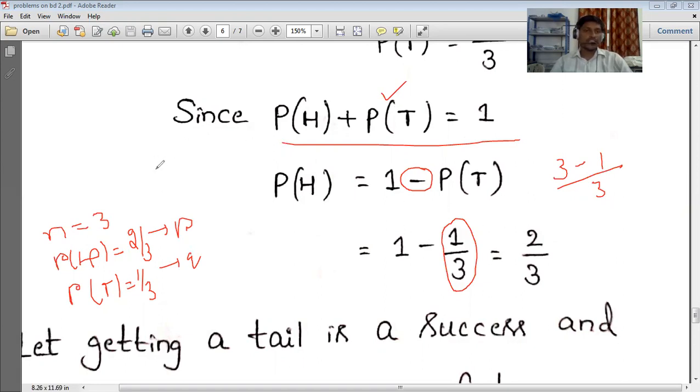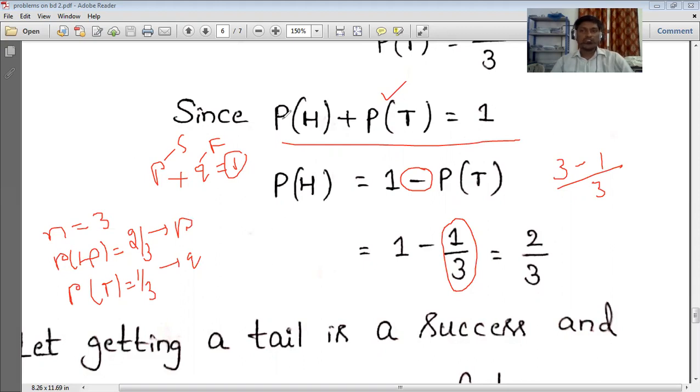Generally p plus q, where p represents success and q represents failure, is equal to 1. A person who faces success as well as failure in his life reaches the top position. So here we are simply saying success plus failure is equal to 1.